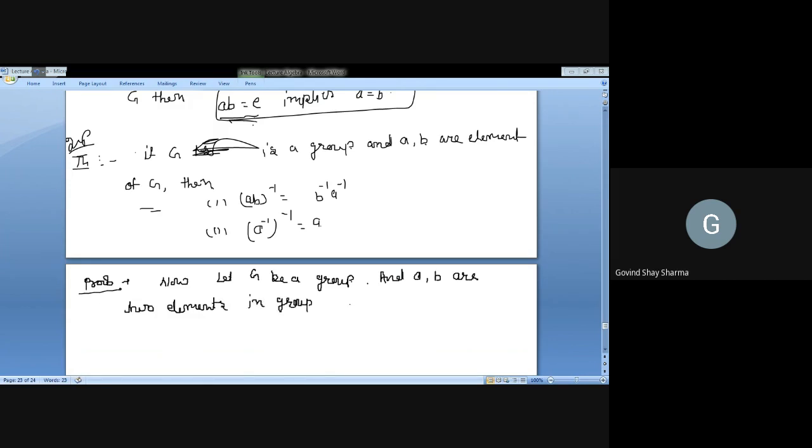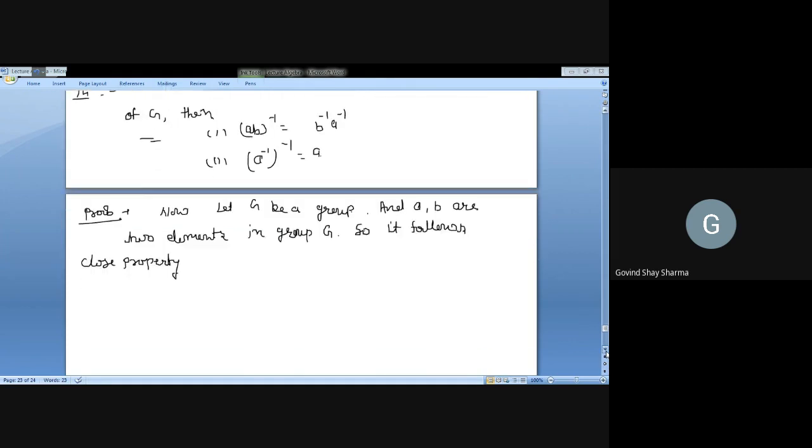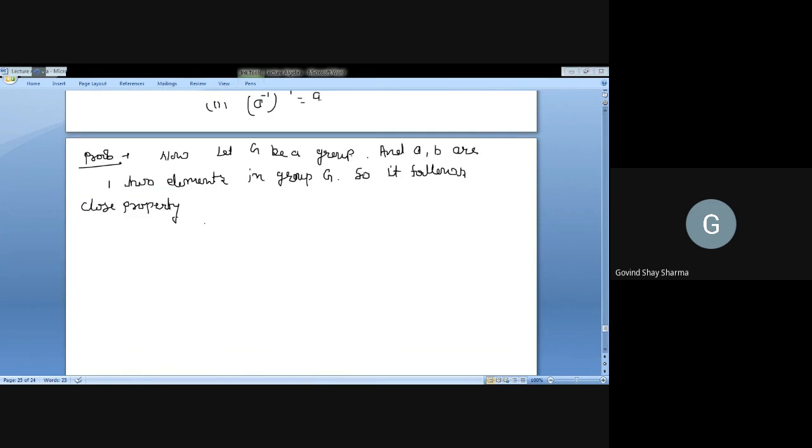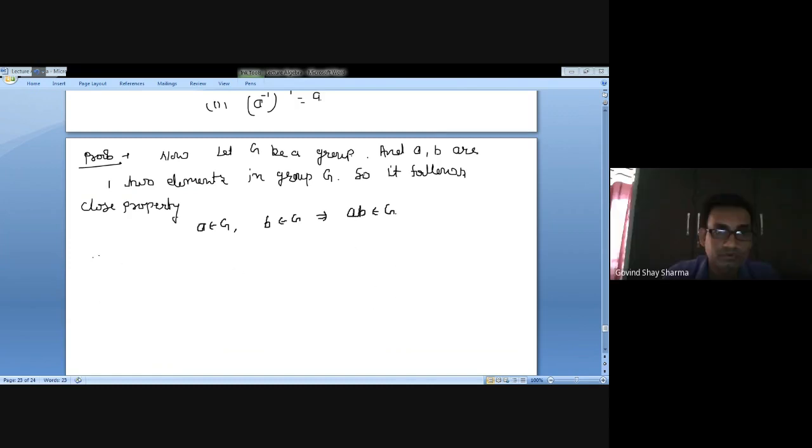So by the closure property, if A belongs to G, B belongs to G, implies AB belongs to G. Now AB belongs to G, so we can do AB B inverse, which implies A B B inverse A inverse.